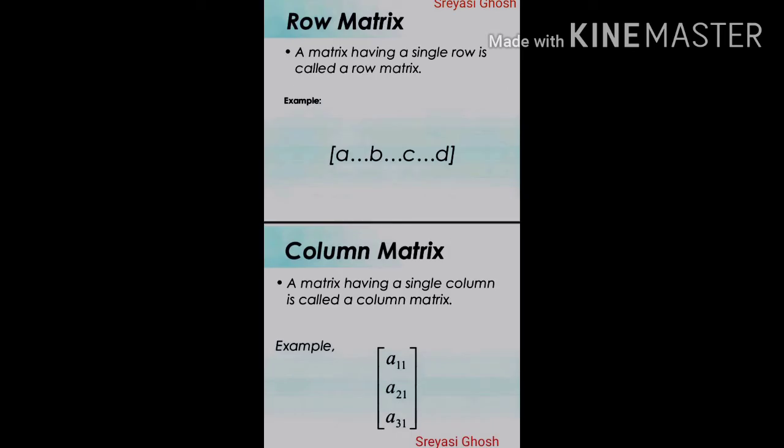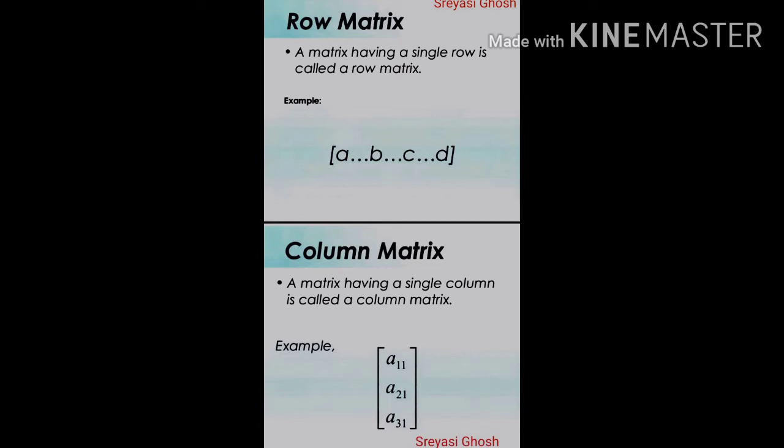Next, we come across row matrix and column matrix. As in the example given over here, a row matrix consists of a single row which has elements a, b, c, d. But we have 4 columns in that particular example. a is column 1, b is column 2, c is column 3 and d is column 4.